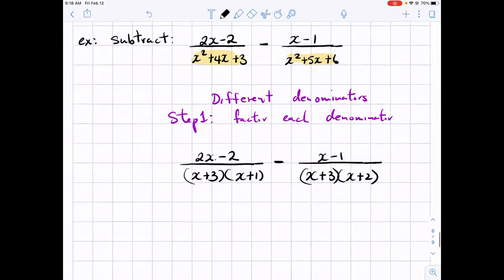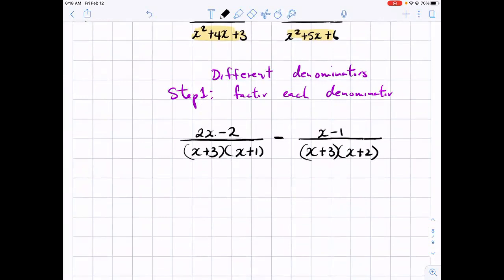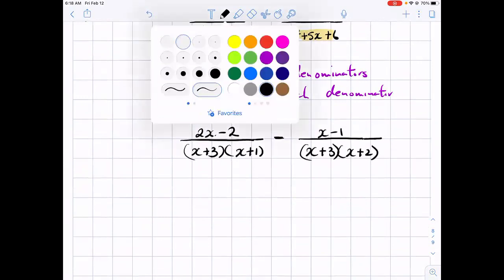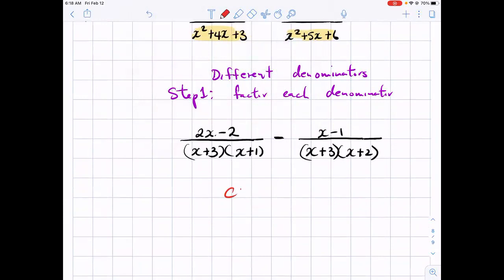Now, since we have factored the denominators, we can find our common denominator. So we always start off by writing x plus 3. Then we move to the next one, x plus 1. There's nothing else there, so we move to the next one, x plus 3. But notice we already have x plus 3, so there is no need to write it again. And then we have an x plus 2.